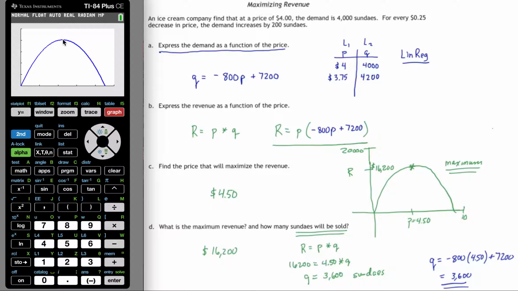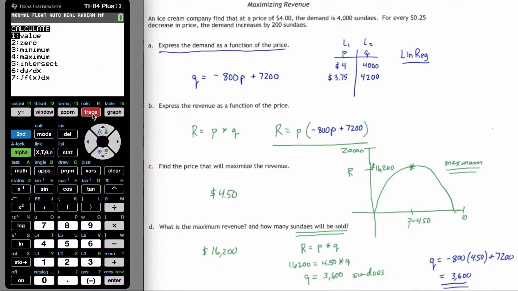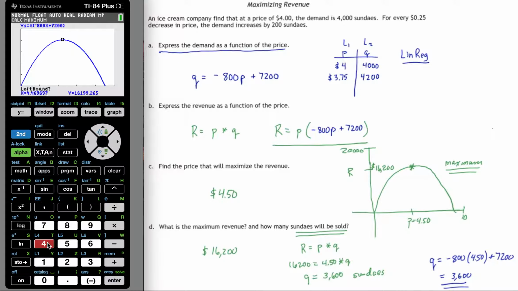To find out where it attains its maximum value, I'll press second and trace for calculate, then choose option number 4 for maximum. I want to make sure that the revenue function I'm maximizing shows up in the top left hand corner, and if not, I would use the up and down arrow keys to find the right function.